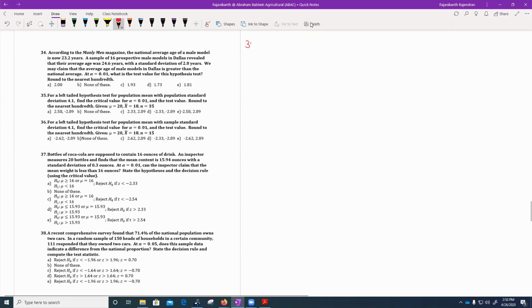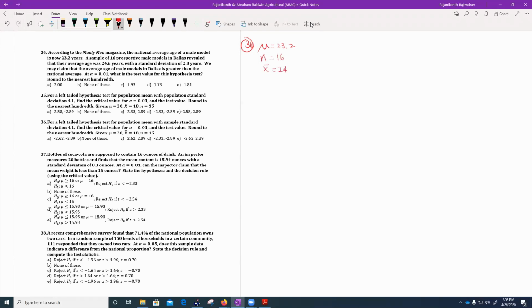Okay, problem number 34. According to the Manly Men magazine, the national average age of a male model is now 23.2. This is my national average, the population mean. A sample of 16 prospective male models in Dallas revealed that their average age was 24.6.